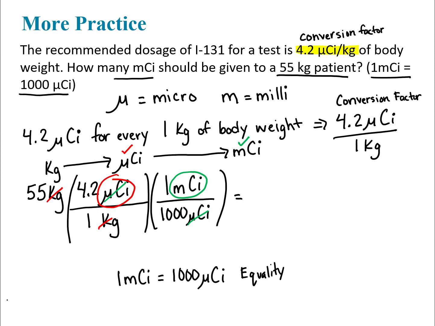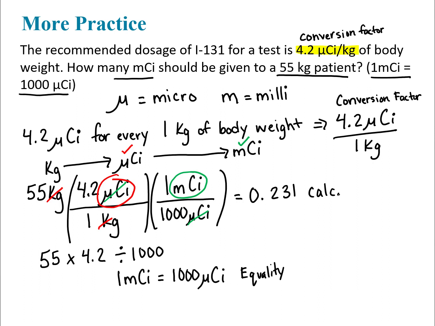When you type this into your calculator, you're doing 55 times 4.2 divided by 1,000. You should get from your calculator 0.231, something like that.